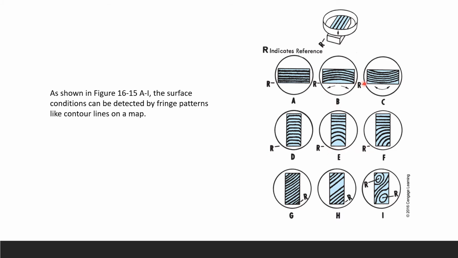Here your reference is on this side, and here our references are going that way. Here again in this air wedge, you can see two different patterns. So you know that the surface is changing 1 time, 2 times, 3 times. The same thing here, the surface changes 1 time, 2 times, and then 3 times here.